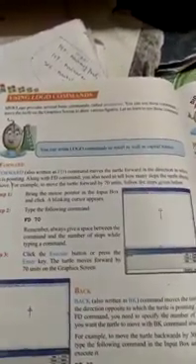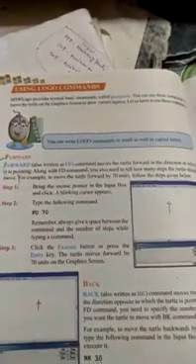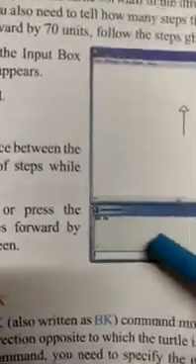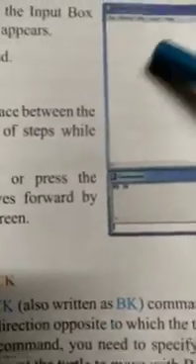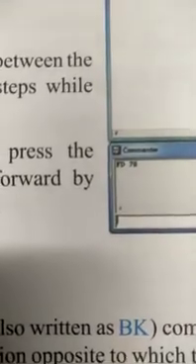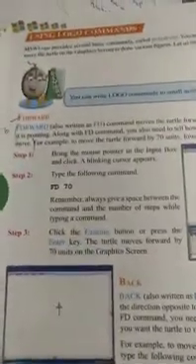Forward command. Forward command moves the turtle forward in the direction in which it is pointing. As all of you know, in the earlier video I have told you, you can apply this command in the input box. This box is your recall list box, and this box is your graphic screen, where we will find the output of the logo command. Now I want to apply forward command.